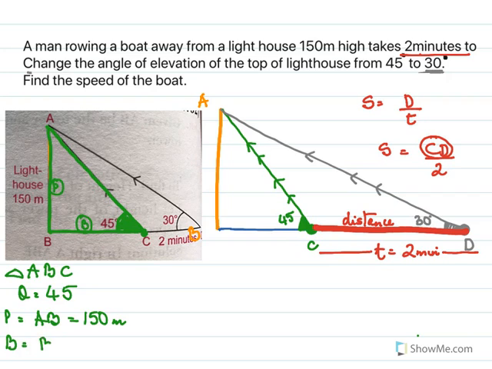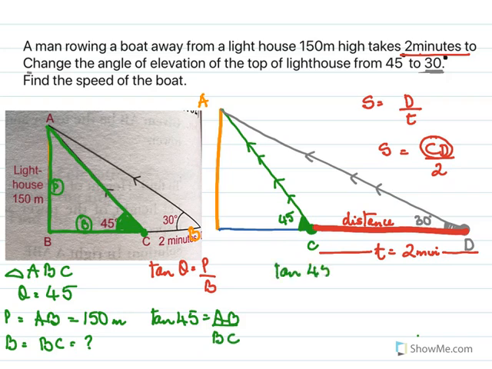The base is BC and we do not know it. So we take tan theta is perpendicular over base. In this case, tan theta is tan 45. Perpendicular AB, base BC.